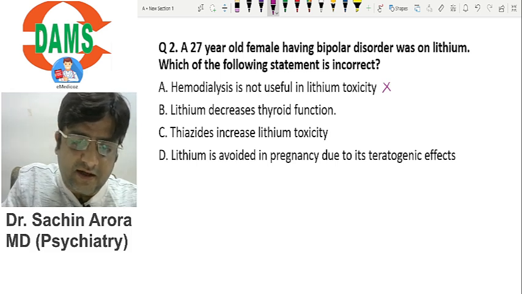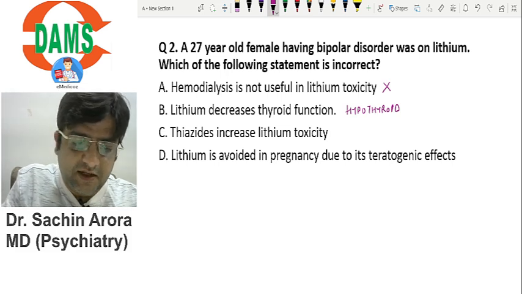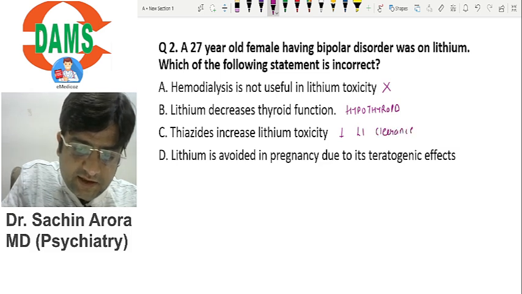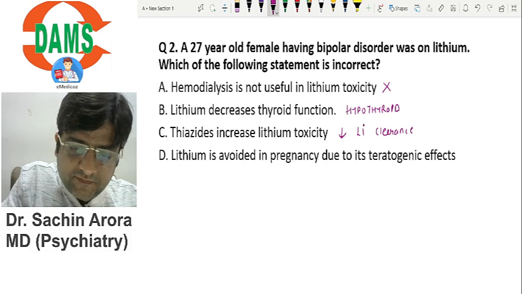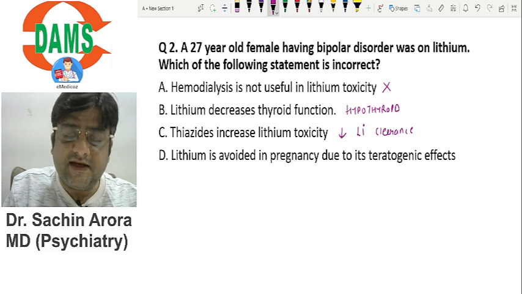Lithium decreases thyroid function. Yes. Hypothyroidism is a known complication of lithium. Thiazide increases lithium toxicity. Yes. They decrease lithium clearance, hence they increase the serum level of lithium, and hence increase toxicity.